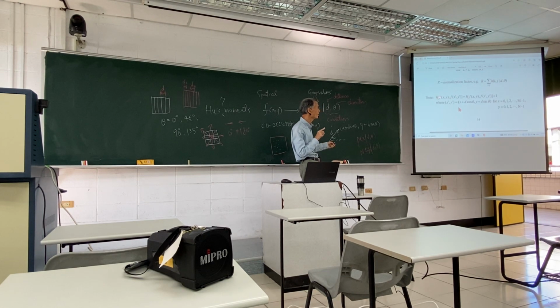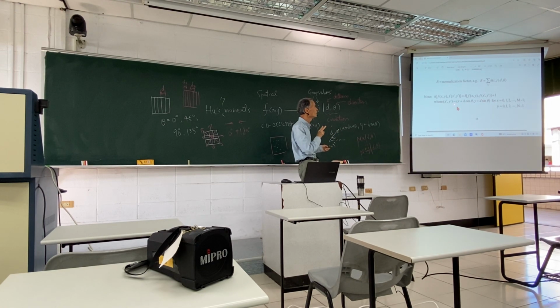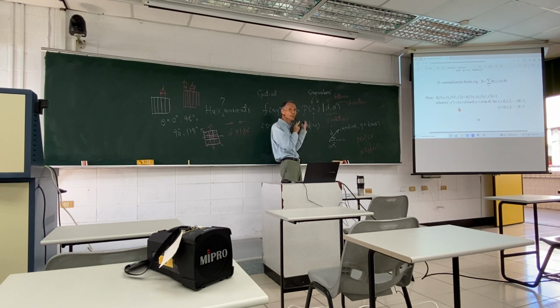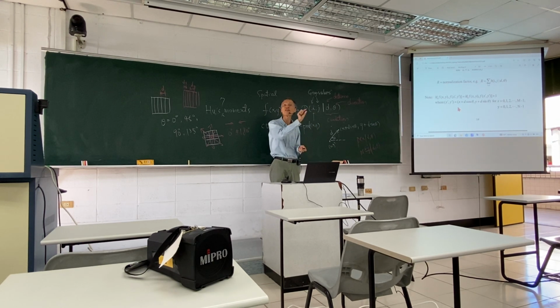So H is the accumulation array, a two-dimensional accumulation array, for the change from gray value i to gray value j. You just scan every possible pixel, then you can find the number. Then you divide by the total number of pixels in the image, and you get the probability. It's so simple, just one line.